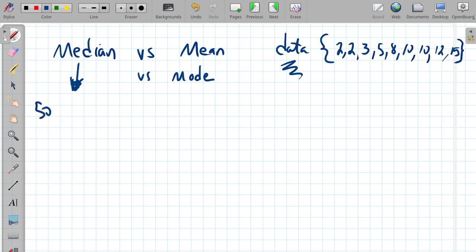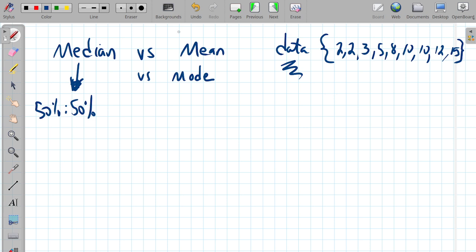This is the 50% cut line. Half the data is smaller than the median. The other half of the data is larger than the median. The mean, remember, is just the average. And I'm going to illustrate in a couple of minutes how the mean changes in the presence of outliers and how the median does not.